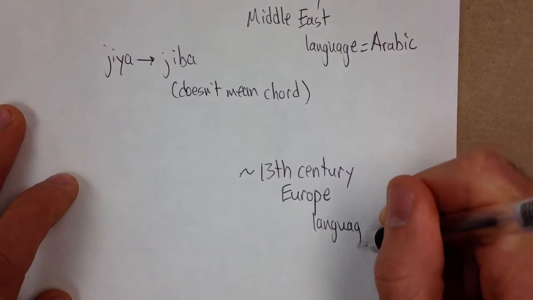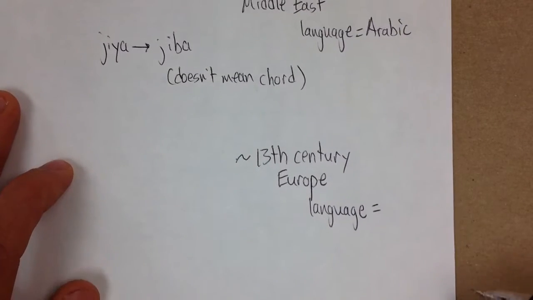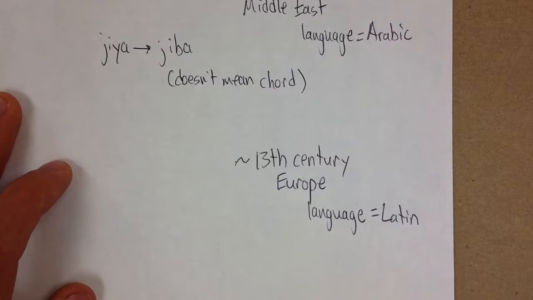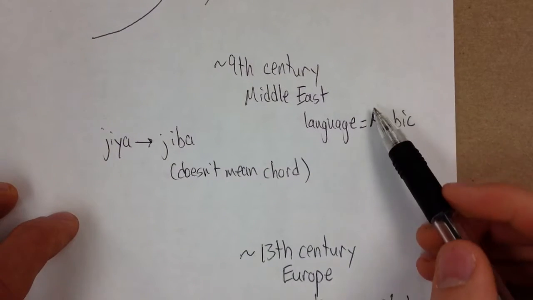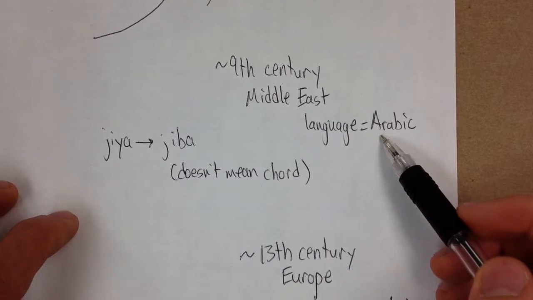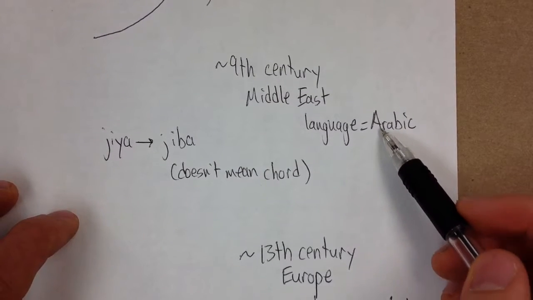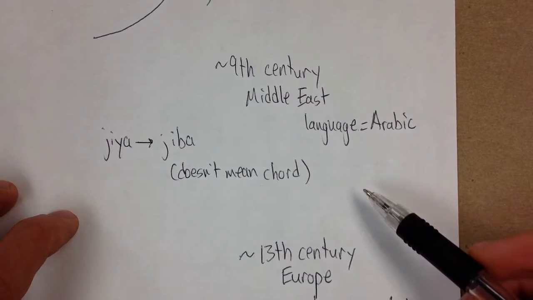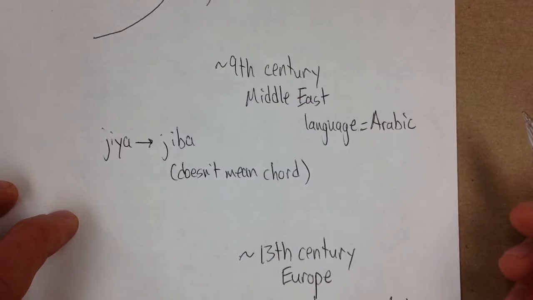What's the language of scholars? Latin. The language of scholars in the Islamic Empire was Arabic, so if you were going to do anything with math or science or with the government, you had to learn Arabic. It was a huge empire stretching from Spain all the way to the edge of India.